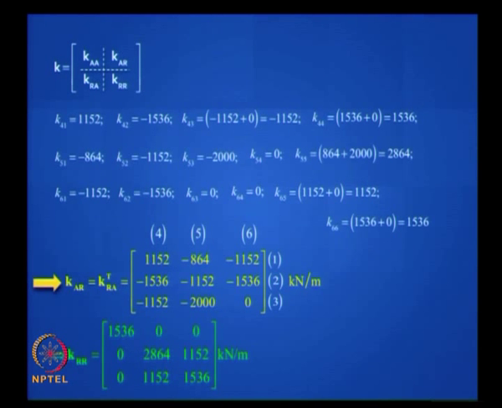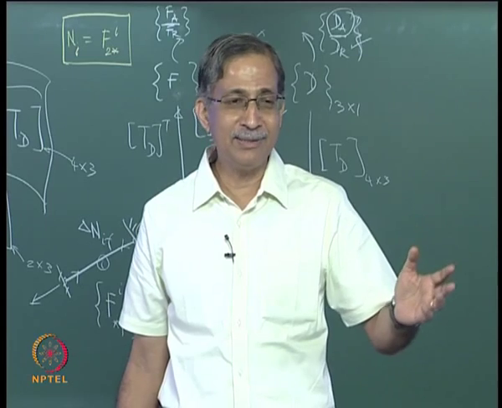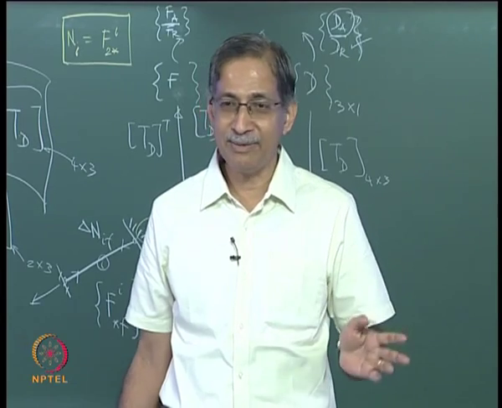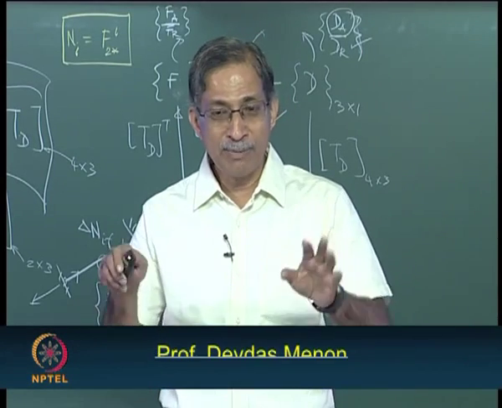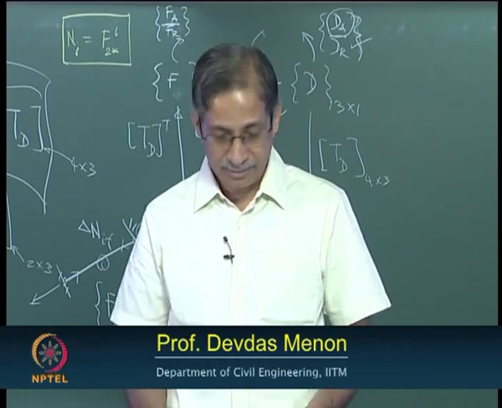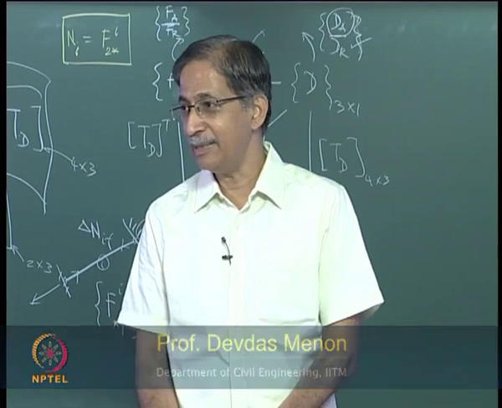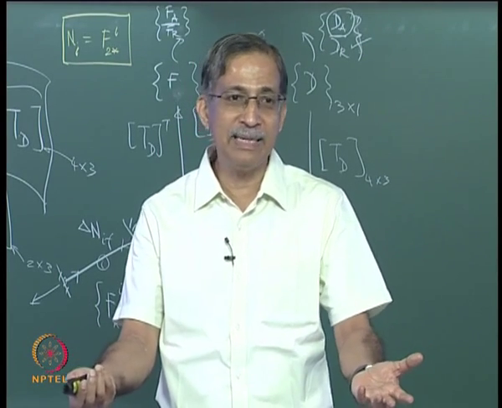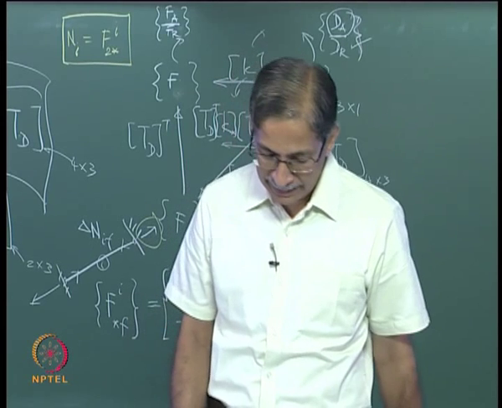Now forget this loading, you are ready to handle any loading on this structure, including support settlements and temperature rise or lack of fit. You are ready, and the moment you input the geometry of this truss, the computer will generate this matrix and say give me the load and I will give you the results. It is waiting. Okay.